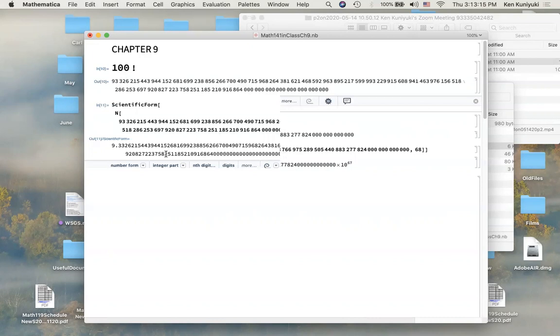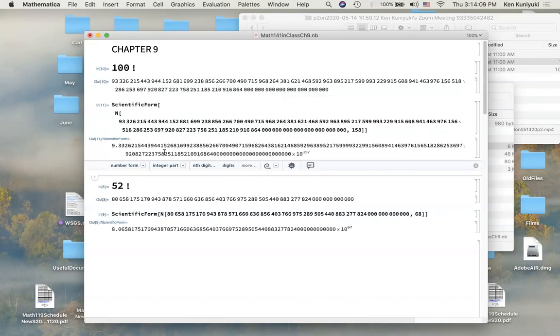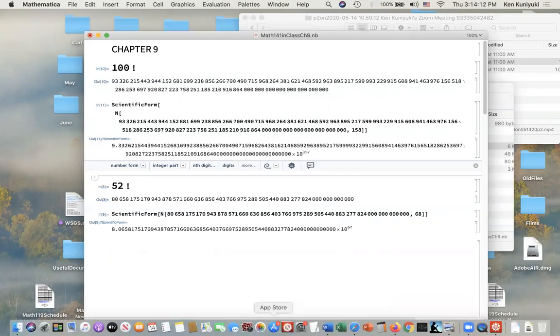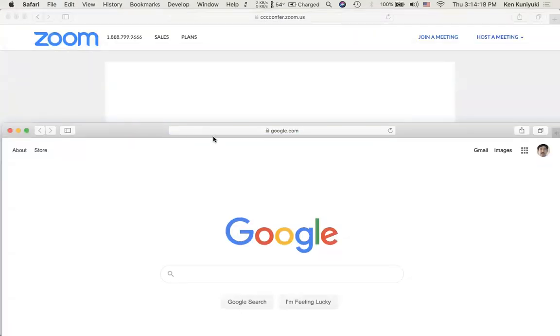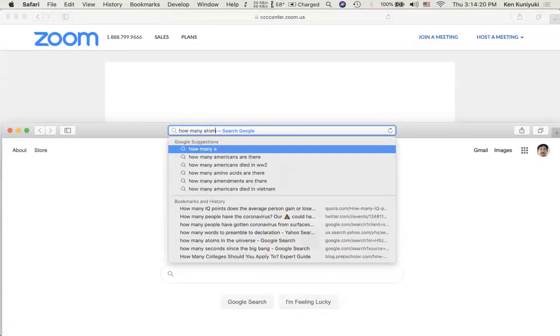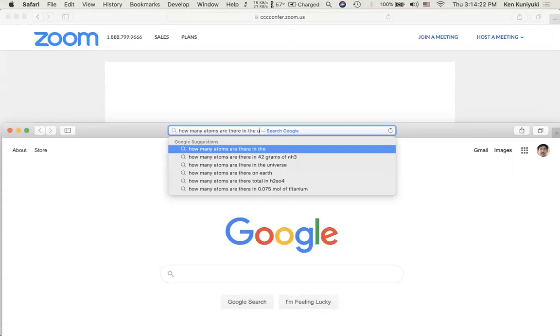These are massive numbers, beyond astronomical. In fact, let's just Google. Google, let me ask you something. How many atoms are there in the universe?